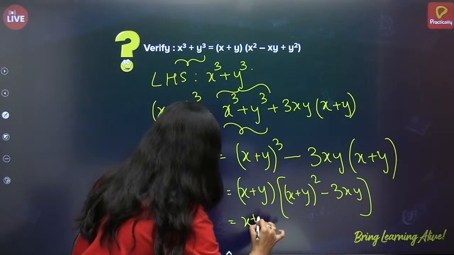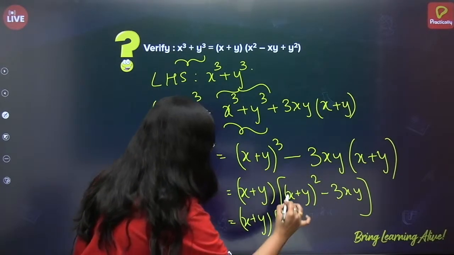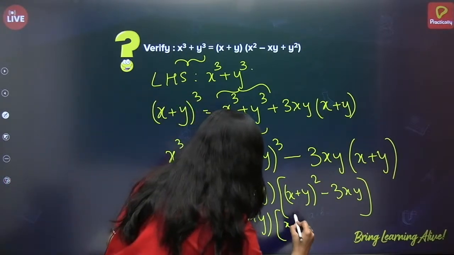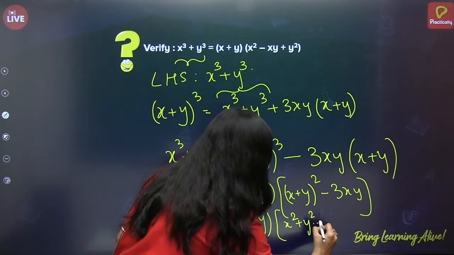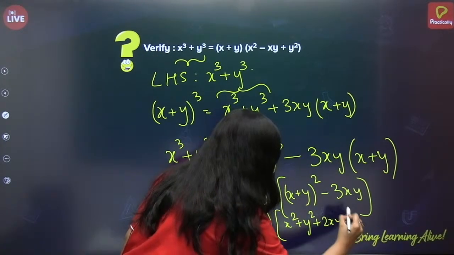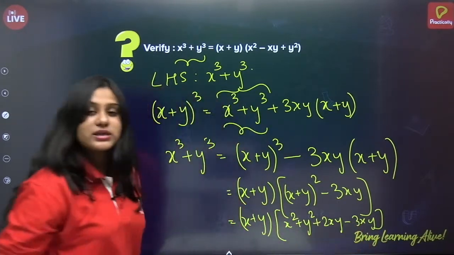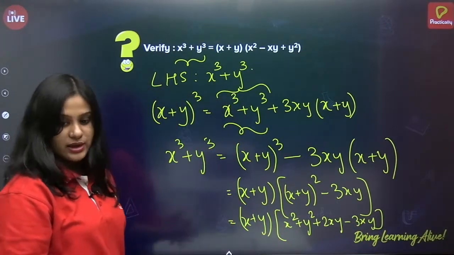Next, let us solve this. Expand this. What is x plus y whole square? We all know, it's very easy. x square plus y square plus 2xy minus 3xy. You have to write this. And what is 2xy minus 3xy? Minus xy, correct?